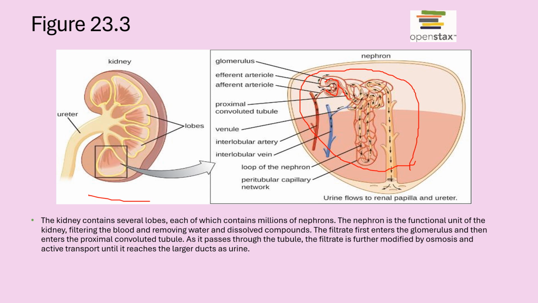It's then going to move down through these tubules and back up and then around through here and ultimately down through this section, all of this occurring in this area. Then the urine that's been produced is going to pass through this area of the kidney and finally out into the ureter.